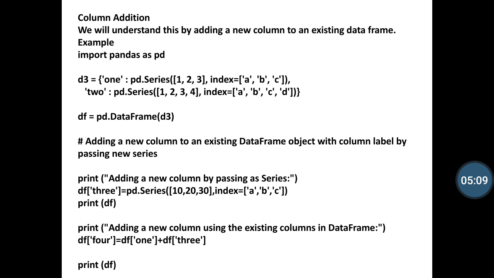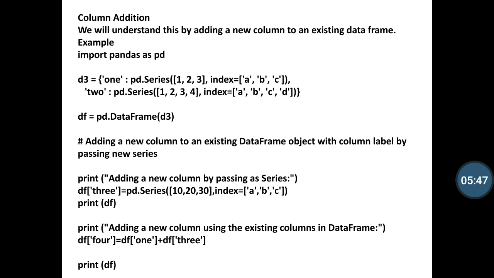Then the second example is column addition. We will understand this by adding a new column to an existing data frame. Example: import pandas and define, as in the previous example, d3 as a dictionary with keys 1 and 2 and corresponding series values 1 2 3, and for 2 it is 1 2 3 4, with index values abc and abcd, and then df is equal to pd dot DataFrame, and call the d3 dictionary variable in the data frame.